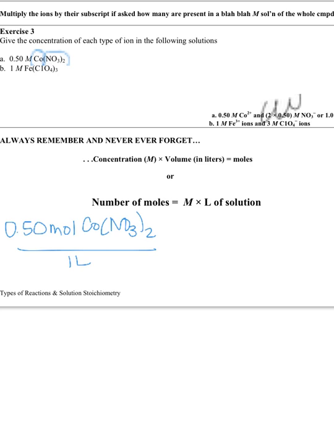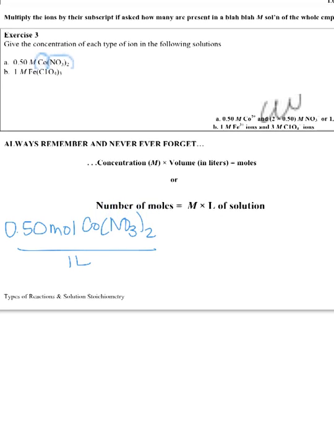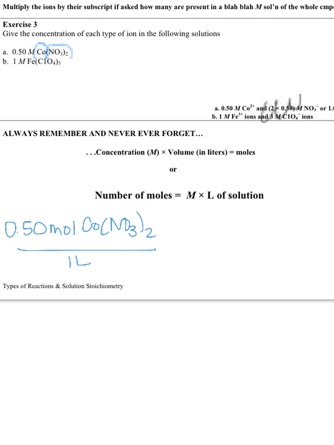Now we're going to use a little bit of stoichiometry to convert molarity to number of moles of ions in solution. So for every 1 mole of cobalt nitrate, how many moles of cobalt ions are released?